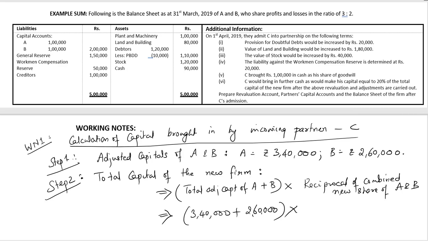So if C takes 20%, A and B's capital should together come up to 80%, which is 100% minus 20%. So it's 80 by 100, the combined share of A plus B. And to multiply with the reciprocal, we'll multiply by 100 divided by 80.